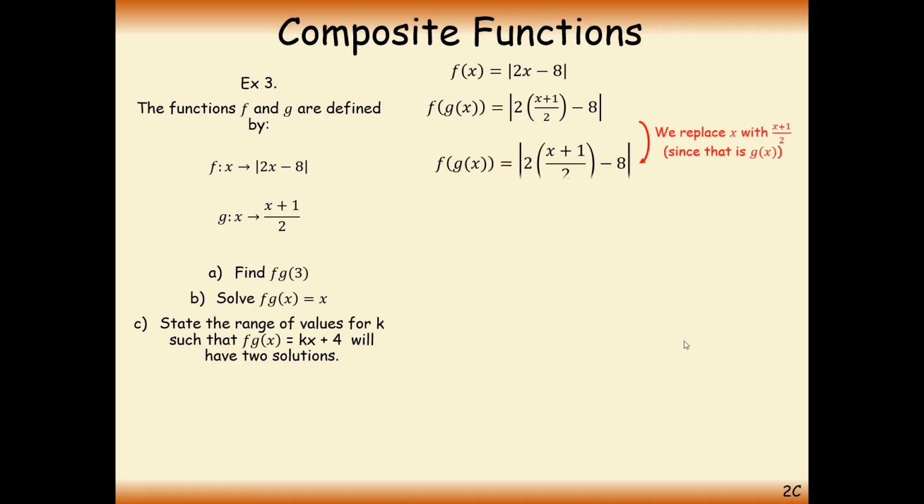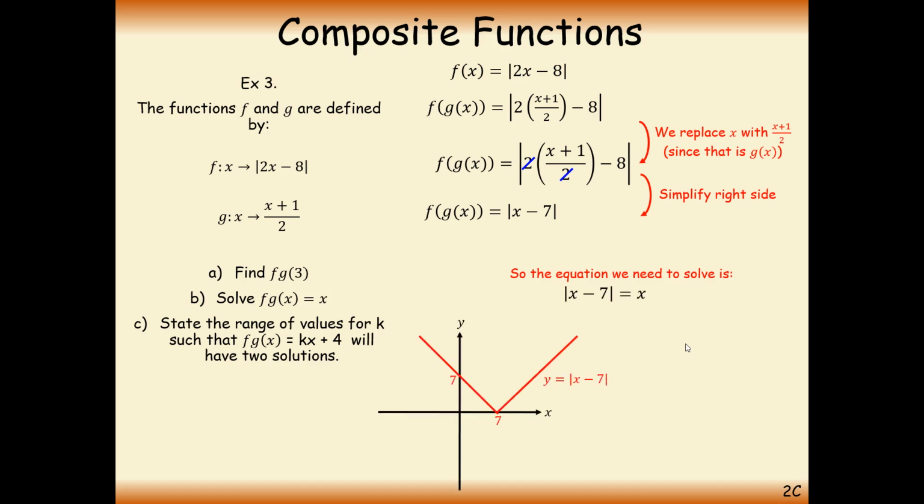We went through the working out and we calculated what f of g of x was, and let's plot the graph here. We'll have the graph of the modulus function, and the other side of this equation is x. So that means y equals x.